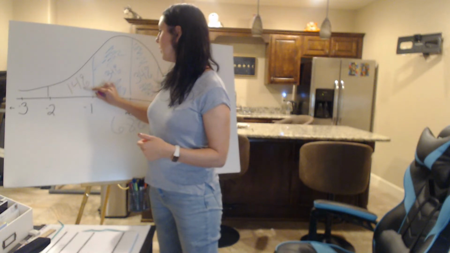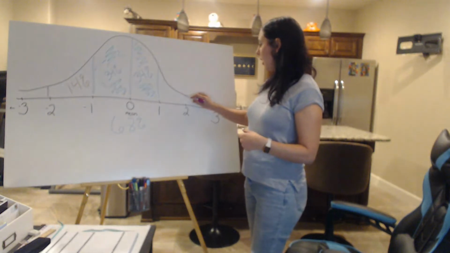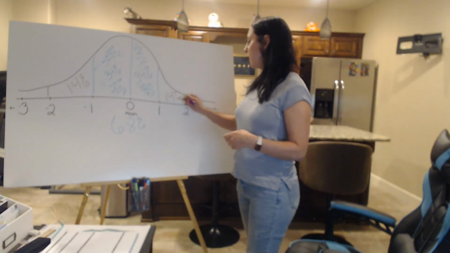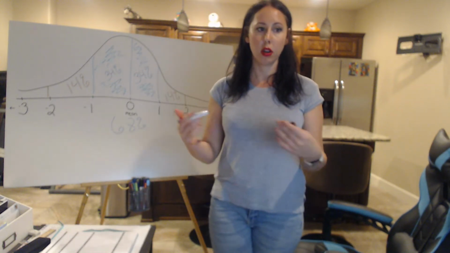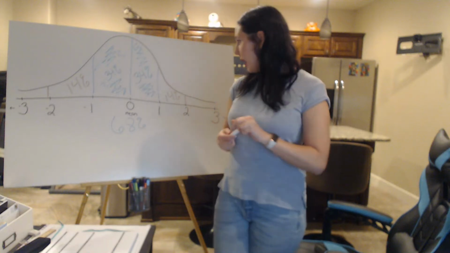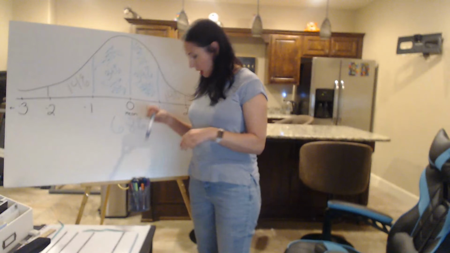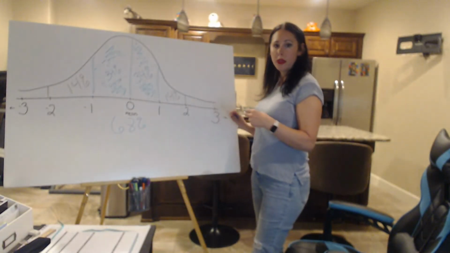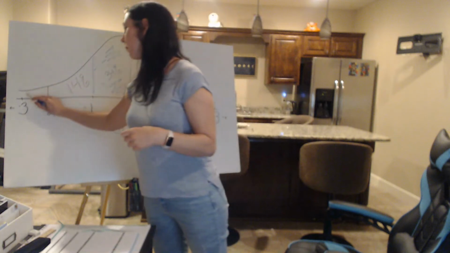So 14% are going to fall between -2 and -1, and an additional 14% are going to fall between 1 and 2 standard deviations away, meaning a z-score of 1 and 2. And so what that leaves us for our leftovers is that in these tails here that are between 2 and 3 standard deviations away, we have 2% on each side.